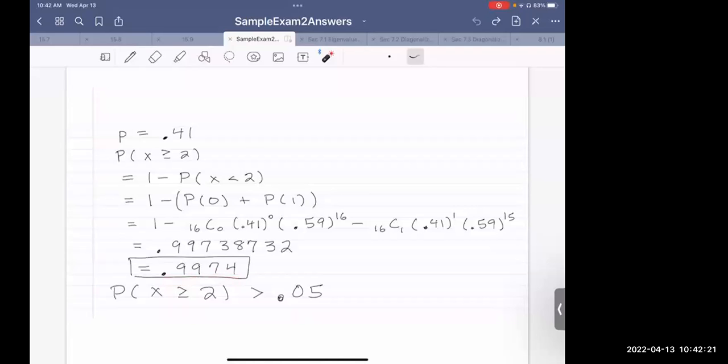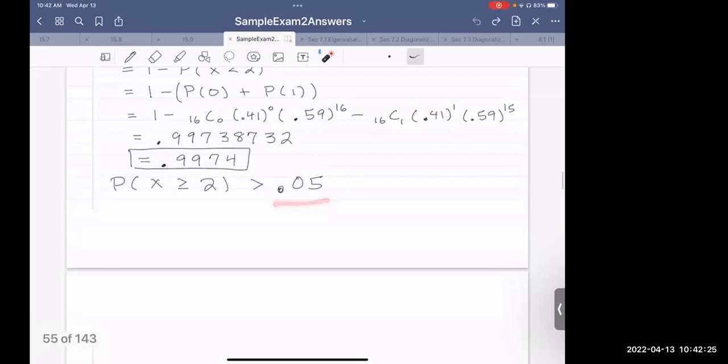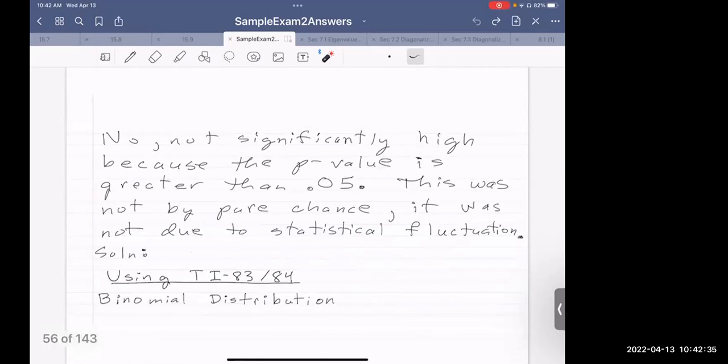0.9974. Since this probability is greater than 0.05, that means that we are not in the rejection region. And so since we're not in the rejection region, no, this is not significantly high, because the p-value is greater than 0.05.